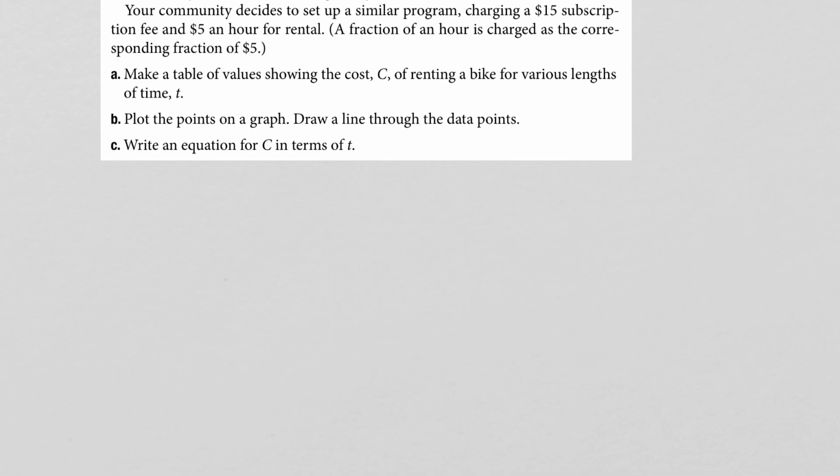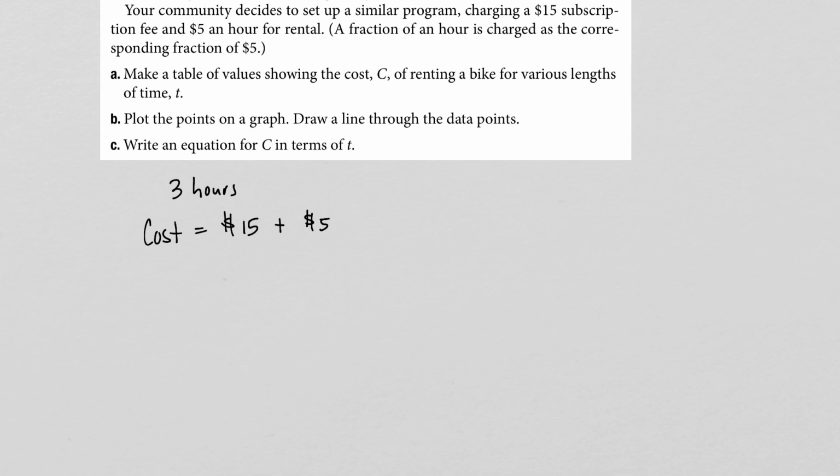So let's think about this. In our community, we are charging a $15 subscription fee and $5 an hour. So think about this for a minute. If somebody rents a bike for 3 hours, the cost is going to be, first of all, you have to pay that $15 subscription fee, and then you're going to pay $5 multiplied by the number of hours.